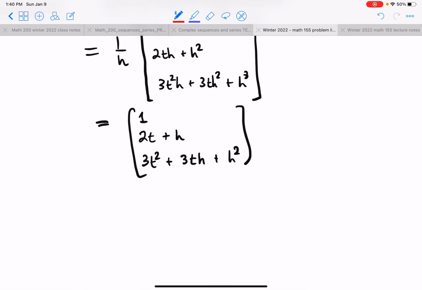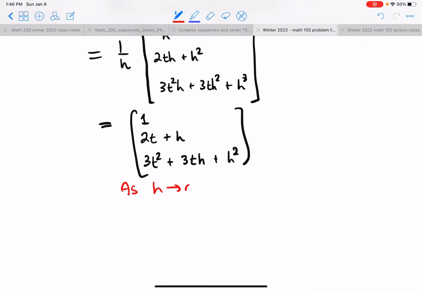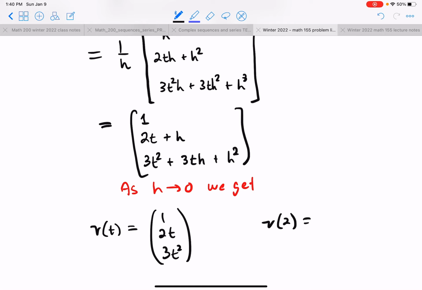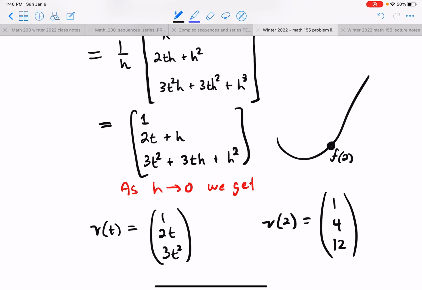Well, as h goes to 0, we get the velocity at time t is equal to 1, 2t, 3t squared. So the velocity at time 2 is the vector 1, 4, 12. It's a specific vector. You're moving through space, and at f of 2, you're at this point on your curve, and the velocity is this vector right there.